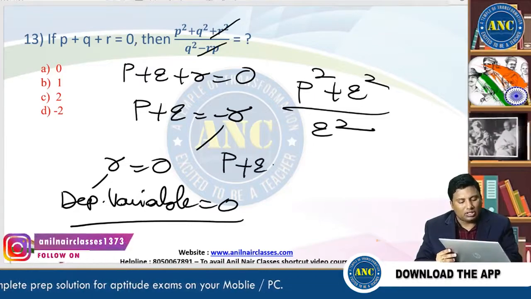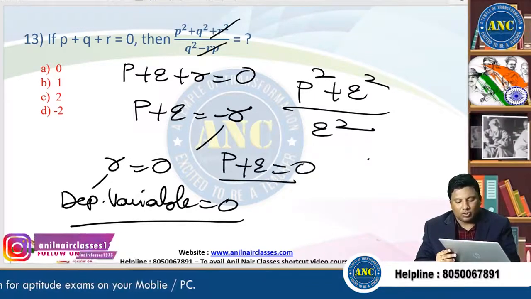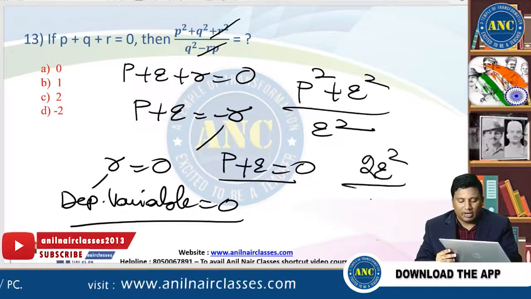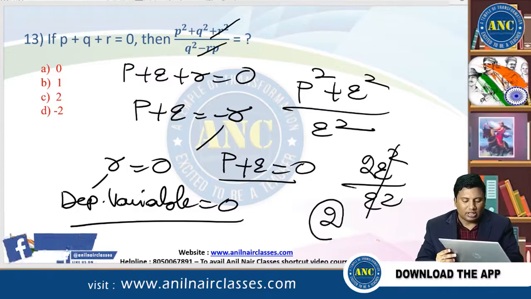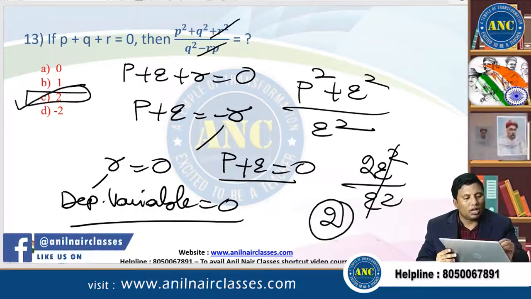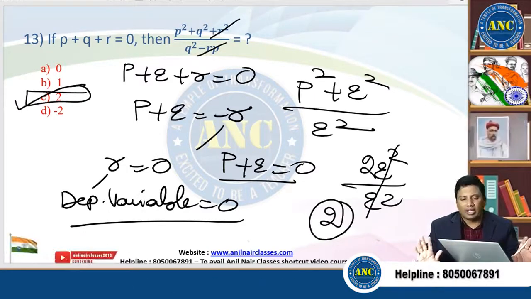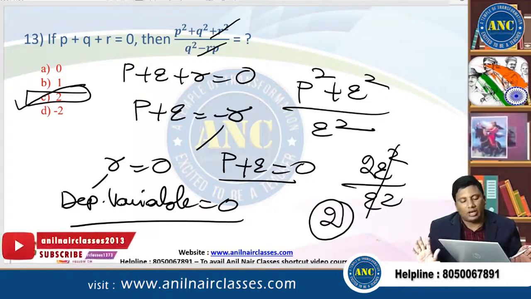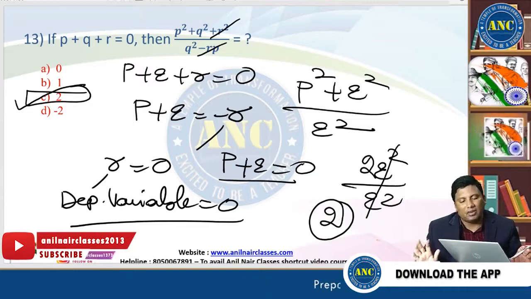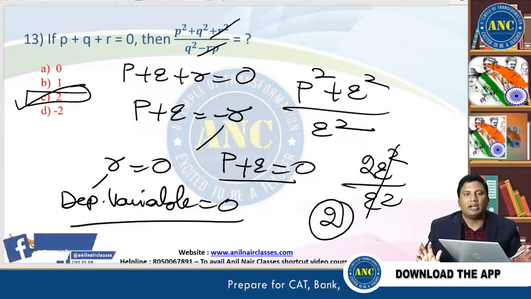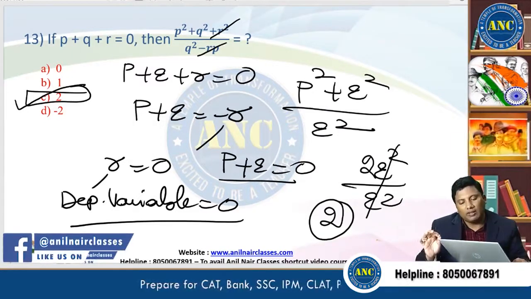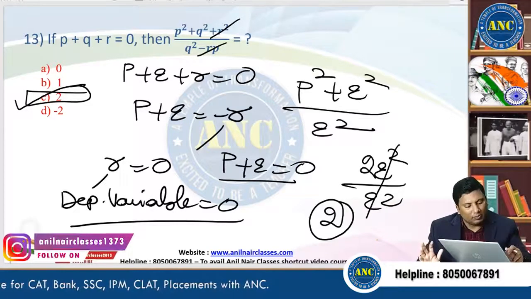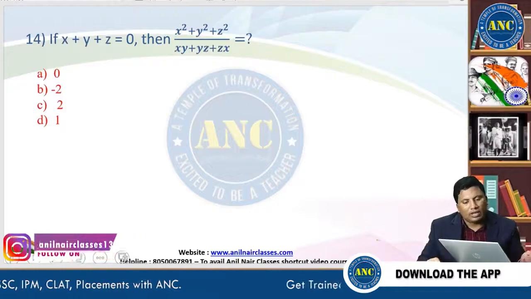P plus Q is 0, P is minus Q. Minus Q, 2Q square divided by Q square. Answer is nothing but 2. Idea clear? Make R value 0. If P plus Q is equivalent to 0, R square is eliminated, RP is eliminated. P square plus Q square divided by Q square. Make P equivalent to minus Q. Very simple question. Next one.